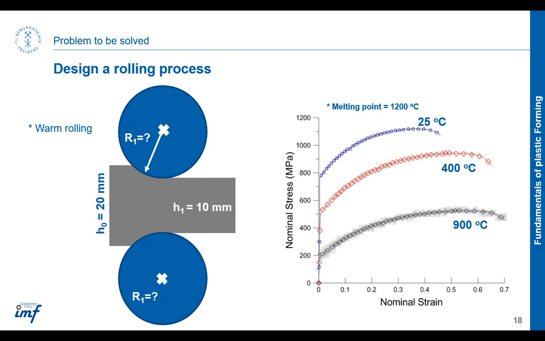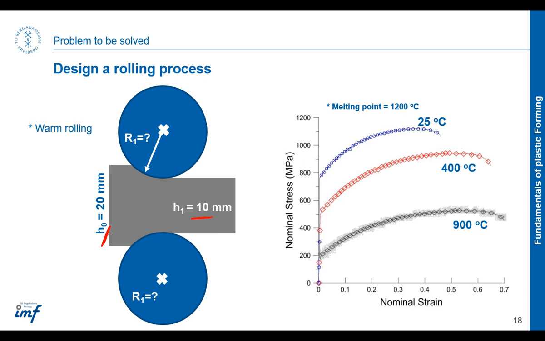Now what I've done is I have uploaded these slides in the Opal course, which you can already find. The problem we want to solve here is simple: we have an initial height of the billet, which is 20 millimeters, and we want to roll it down to a final height of the billet, which is 10 millimeters.